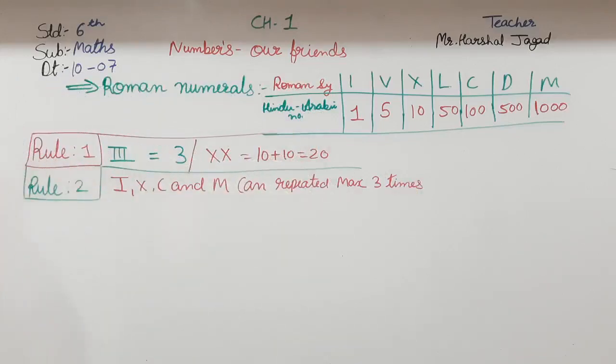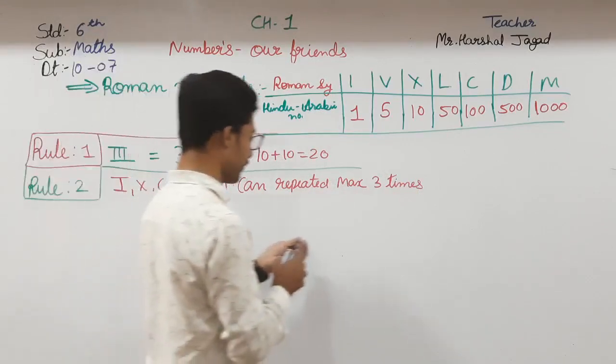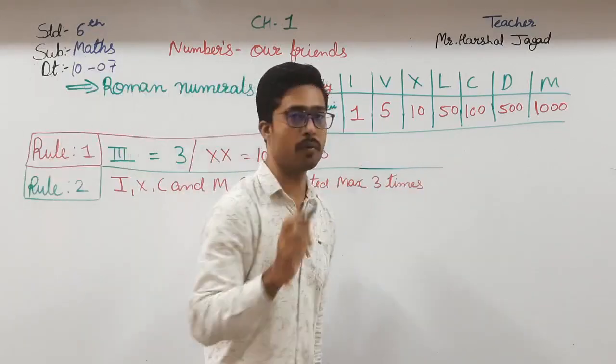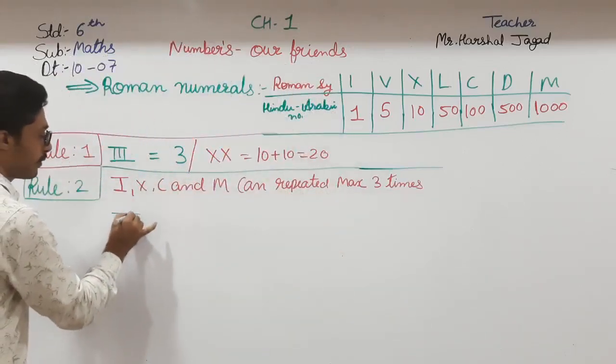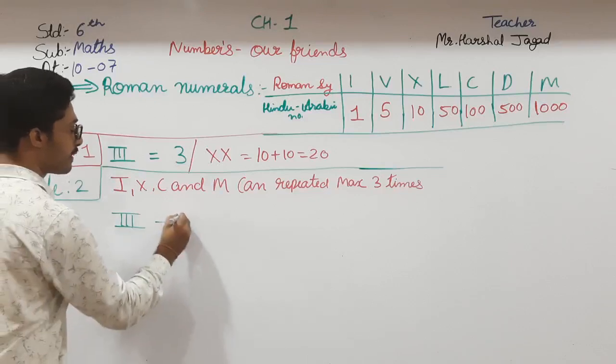They cannot be repeated more. It can be repeated up to 3 times, not more than that. So here I, if I say 1, 2, 3, then here it is 3.